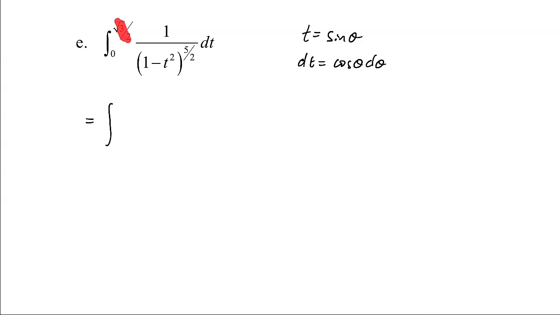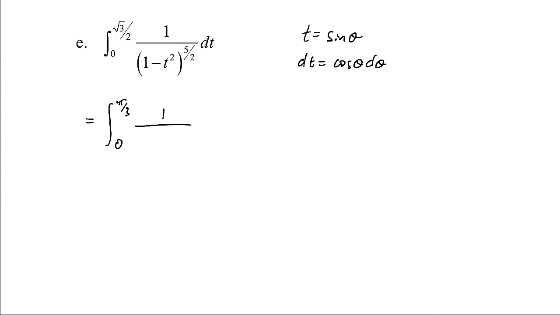If t is root 3 over 2, this is root 3 over 2 when sine is pi over 3, and t is 0 when sine is 0. So I'm going from 0 to pi over 3. This allows me to not have to substitute back in terms of x, so it saves me a step in the end.